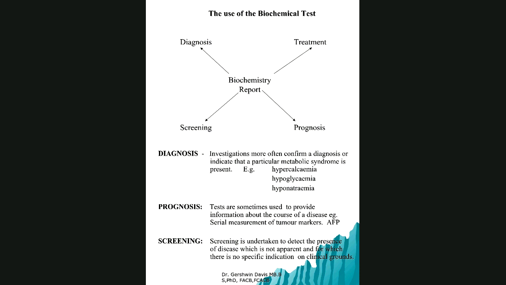Going forward in time, you monitor your tumor marker level, and if it suddenly starts to inch up again, that indicates poor prognosis. That makes sense: it means the tumor is coming back, or maybe there is a metastasis. So that's prognosis and diagnosis.